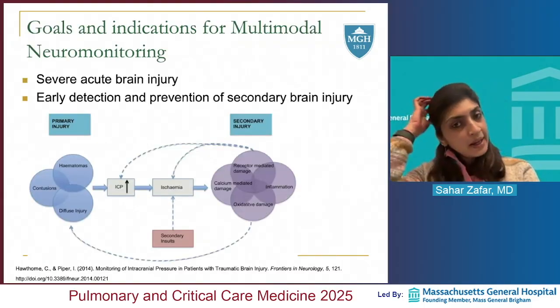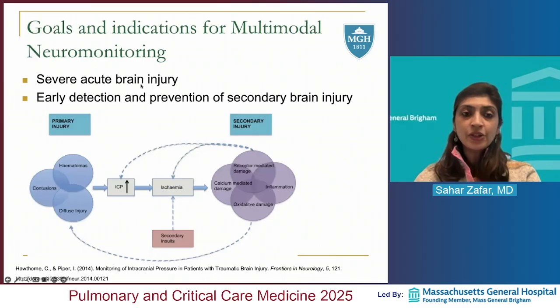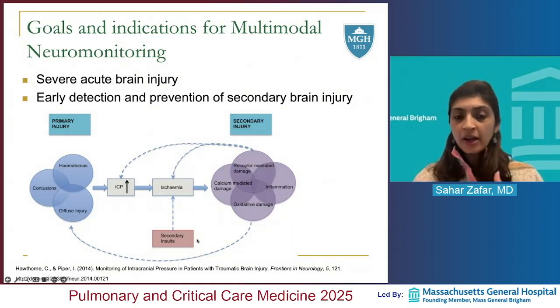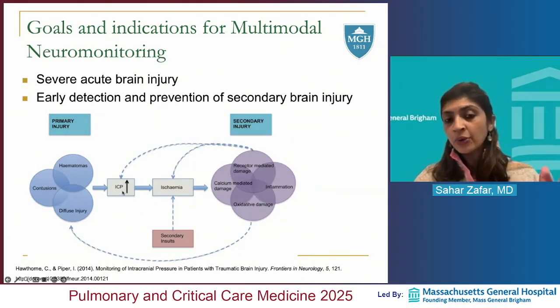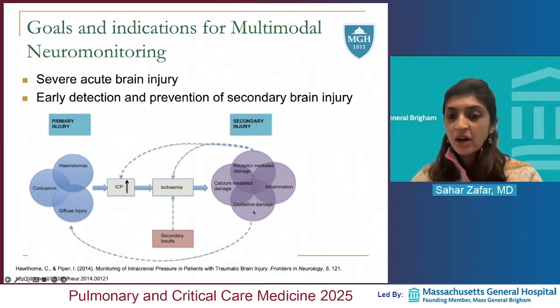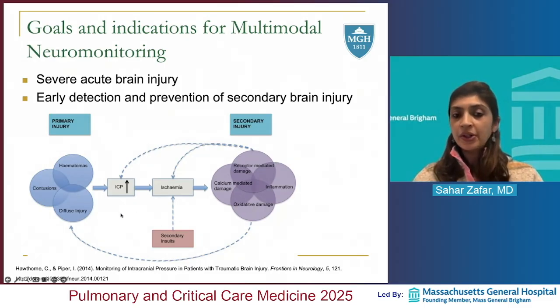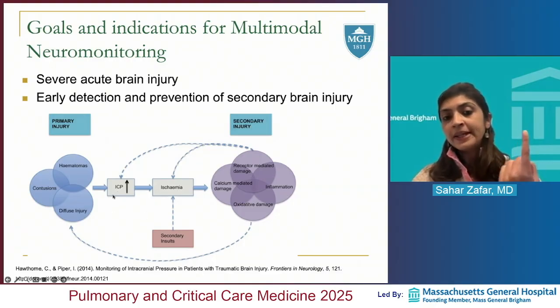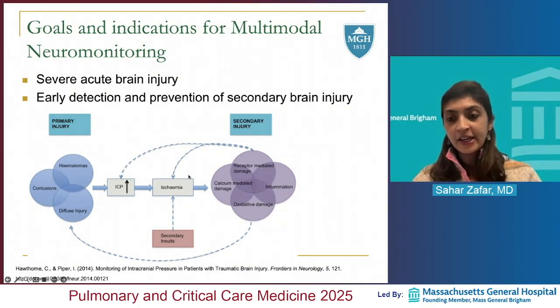And the reason why there's growing interest for this is that we know in patients with acute brain injury, whether it is traumatic injury, an intracerebral hemorrhage, or anoxic brain injury, independent of what the initial injury type was, there is a cascade of secondary brain injury, which is very complex and multifaceted, and it's mediated not only by the high ICP, but there can be cerebral ischemia, excitotoxicity, seizures, oxidative stress. And so, the thought is that using just a single marker, ICP on its own, may not be capturing this very multifaceted nature of secondary brain injury.